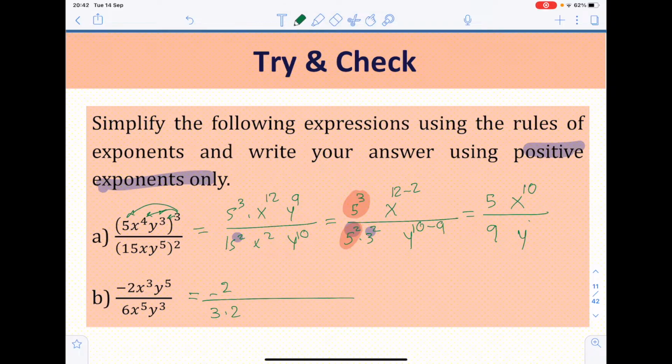And then y, I will subtract y up, so it would be y to the power 5 minus 3. So the answer, this 2 would cancel this 2. I will be left here with a negative, and below here 3, and then y to the power 2, and x to the power 2.